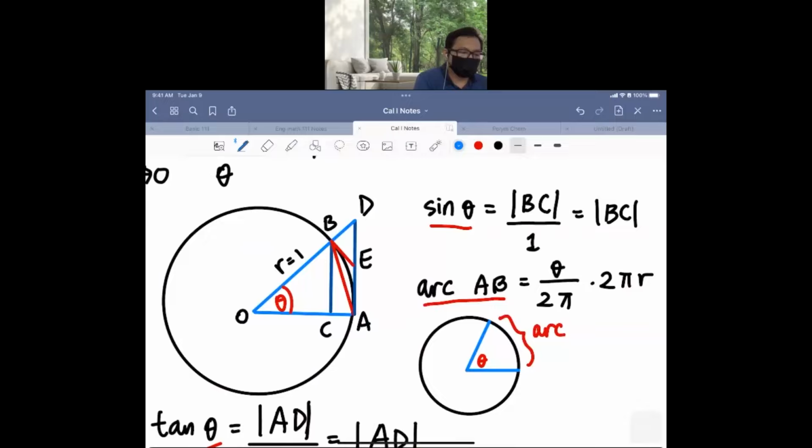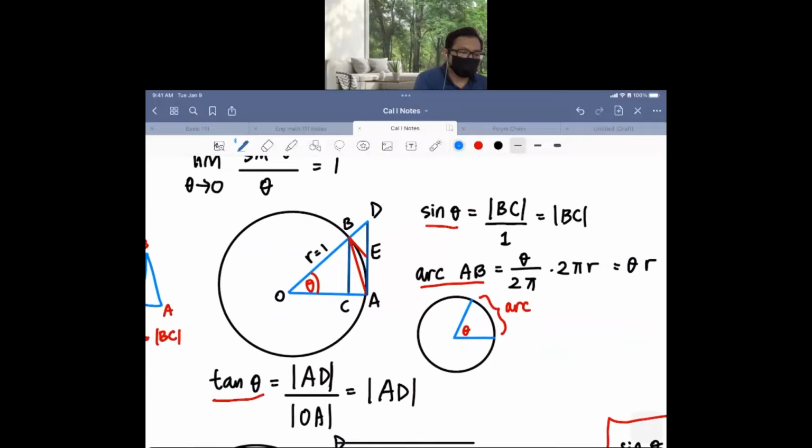Then what we are going to do is we take the sine theta from this part, so that in the last part we have its relation with the theta, which we get from the arc length of the circle. Then we correlate that part, and we need another comparison, which we get from the big triangle AD.